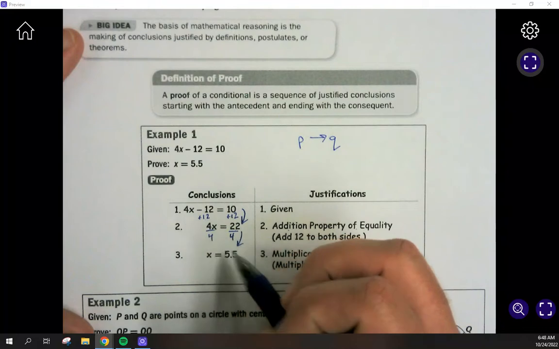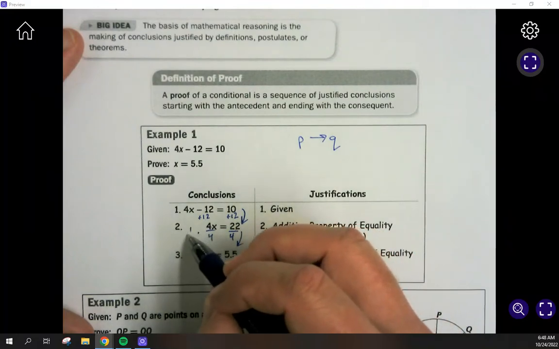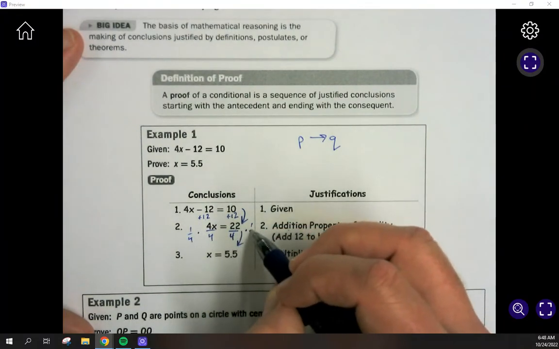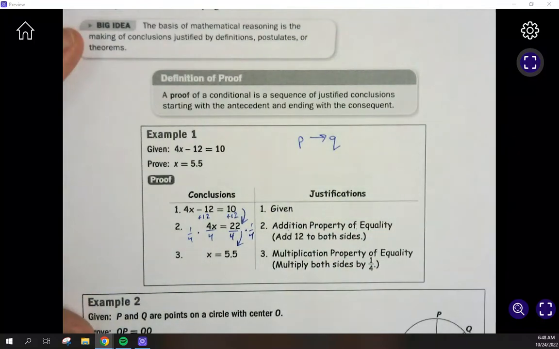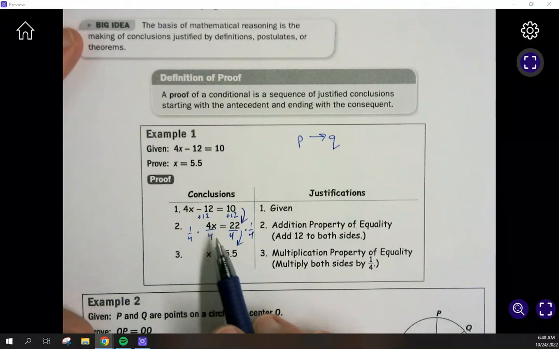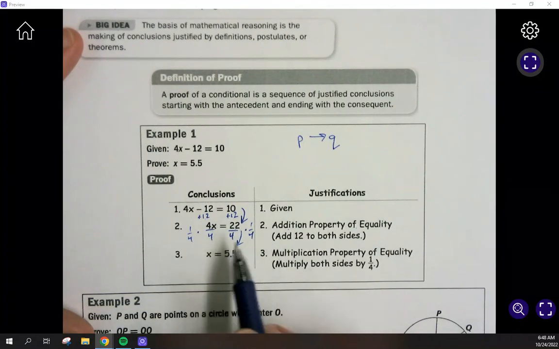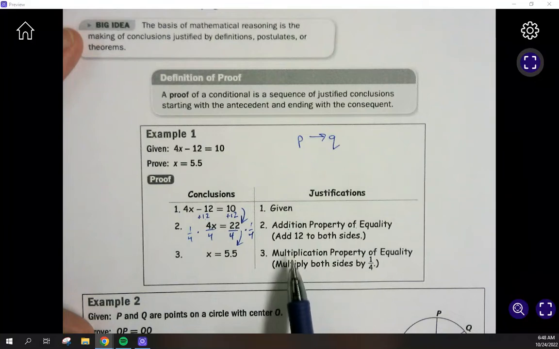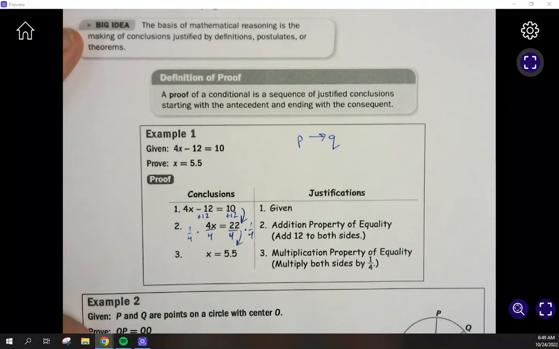So even though this looks like division, that's the same as multiplying by 1/4. Dividing by 4 or multiplying by 1/4 is the same thing. And so our justification for this step is the multiplication property, not the division property. The multiplication property of equality. We've multiplied both sides by 1/4. So that's a basic looking proof.